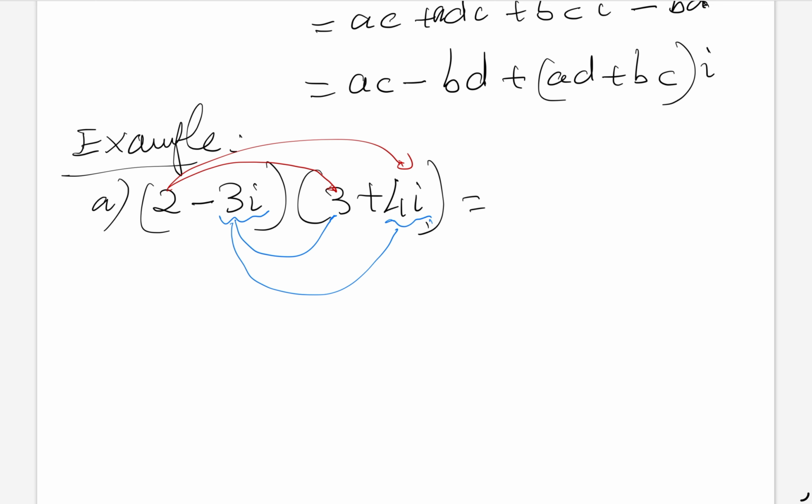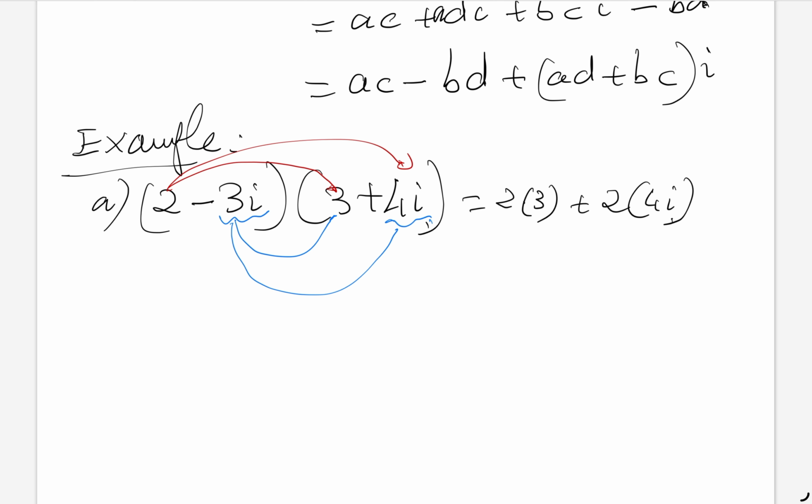2 times 3 is 6. And then 2 times 4i. Okay? The next one is this one. You take negative 3i times 3 and negative 3i times 4i. That's the way you do it.